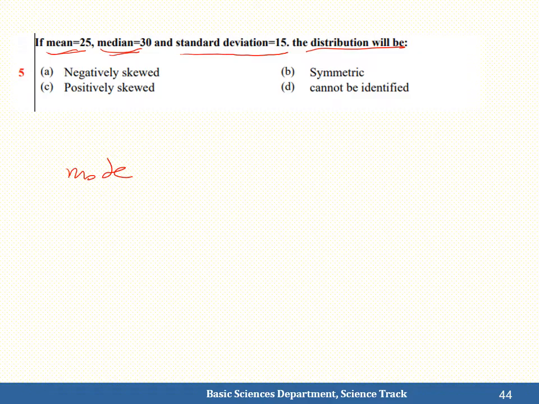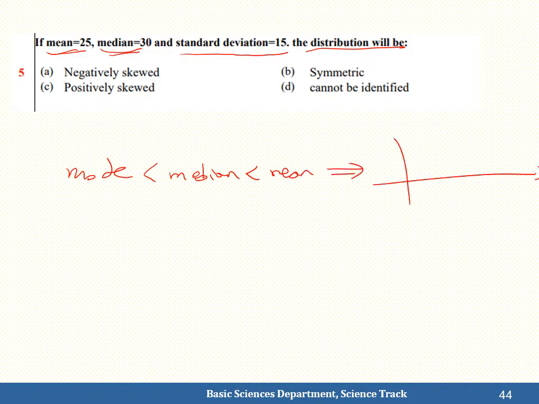If the mode is less than the median, which is less than the mean, we typically have a right skewed distribution.